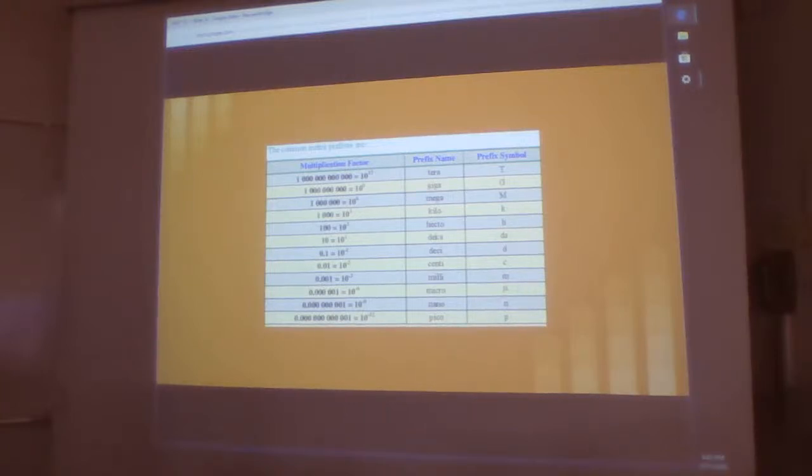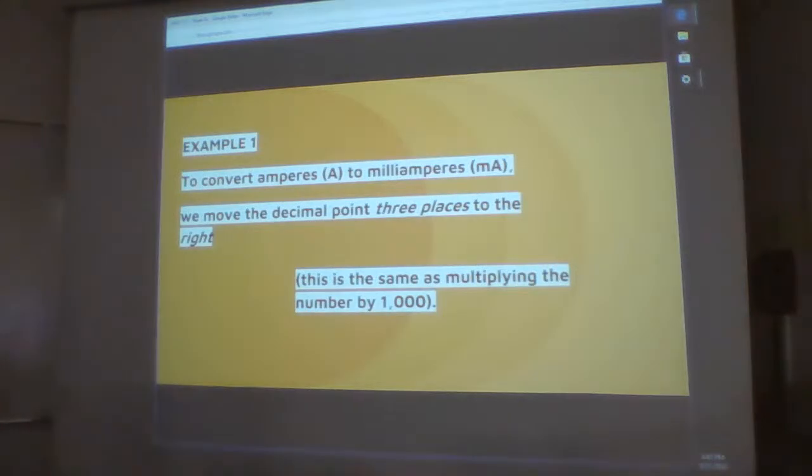We'll see micro a lot, milli, kilo, mega, pico and nano. There will be some formulas that you'll see, especially on your written tests or your practice exams. These are some examples of converting some of these prefixes to base units. Here we have example 1.